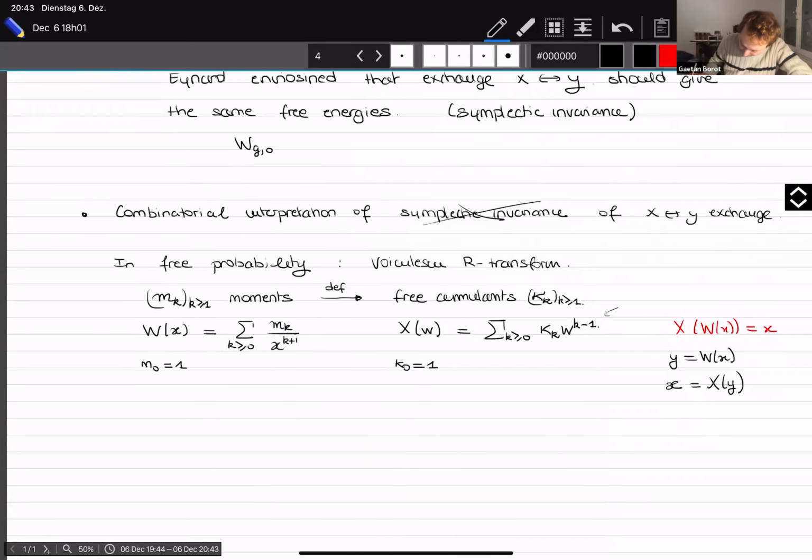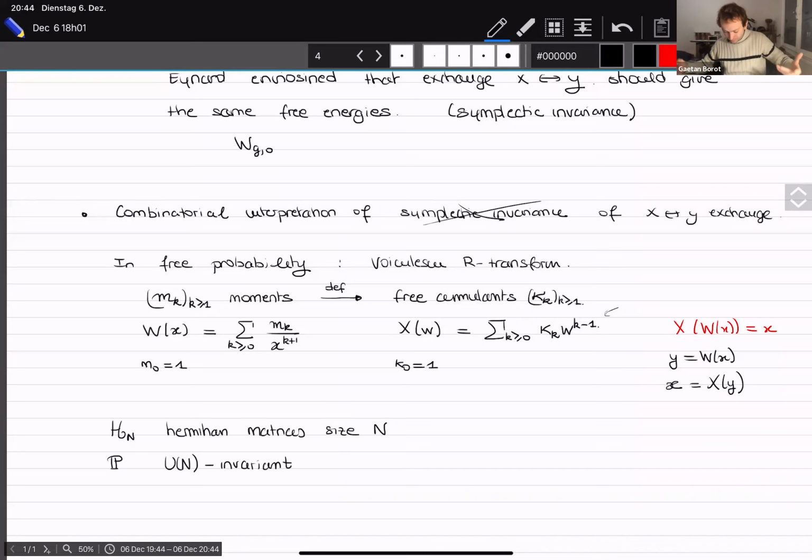And in the context of a matrix model, maybe what these moments correspond to is this: on the space Hn of Hermitian matrices of size n, you take a probability measure which is UN invariant by UN conjugation, for example something expressed in terms of traces.